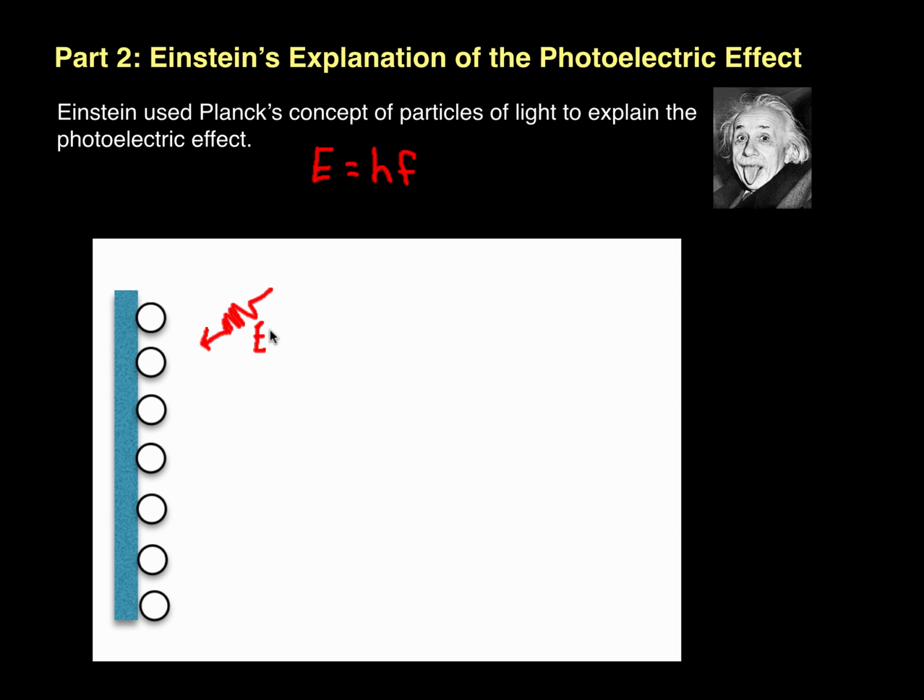Each particle had an energy equal to hf. The electrons had a particular amount of energy that would allow them to be released. We call this particular amount of energy the work function. If the energy of the photon was less than the work function, the electron would not be released.